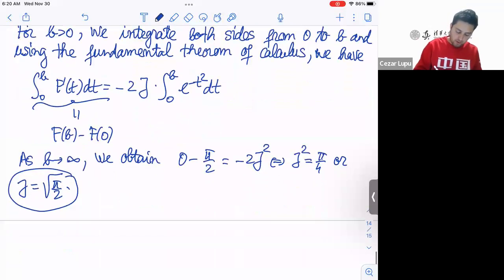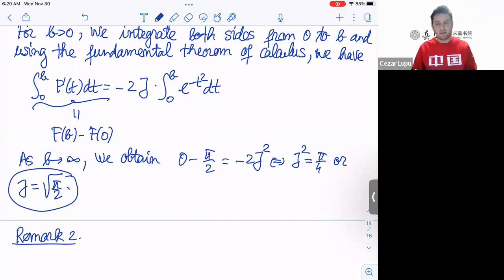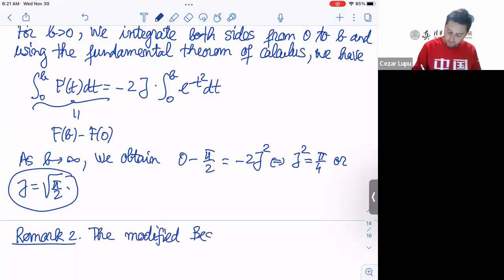So let me point out remark 2, because this is more embedded into a particular value of a special function, what we call the modified Bessel function, or sometimes it's called of second kind.